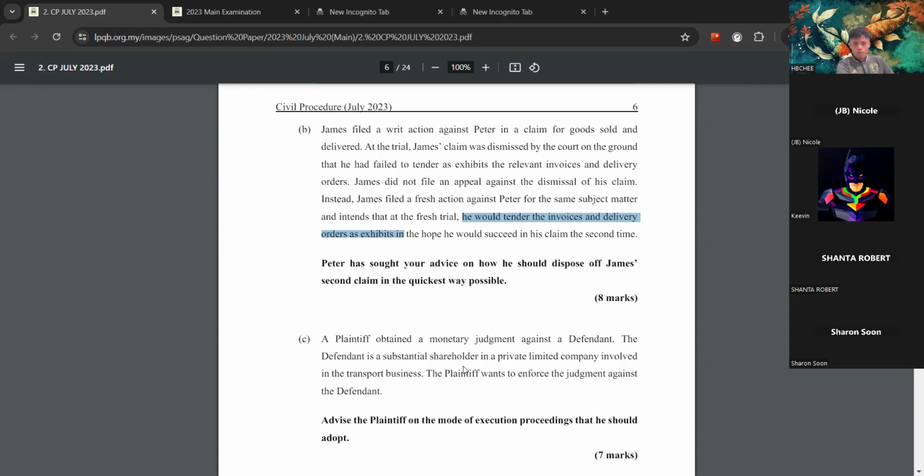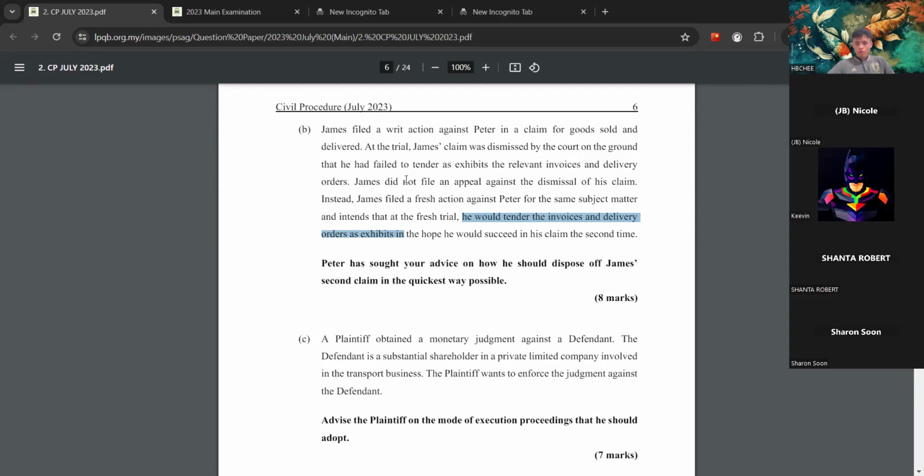It's Order 18 Rule 19. Striking off the pleadings, because what is included in Order 18 Rule 19 is no reasonable cause of action, scandalous, frivolous, vexatious claim, and abuse of the process of court. So we're looking into the fact that, instead of going for appeal, he is filing a fresh claim.